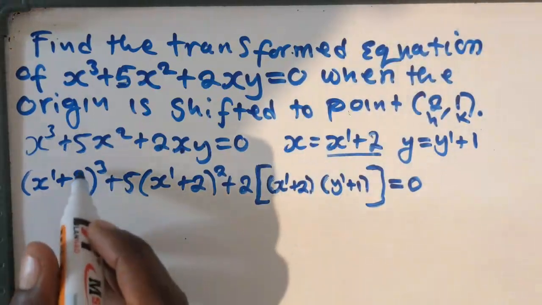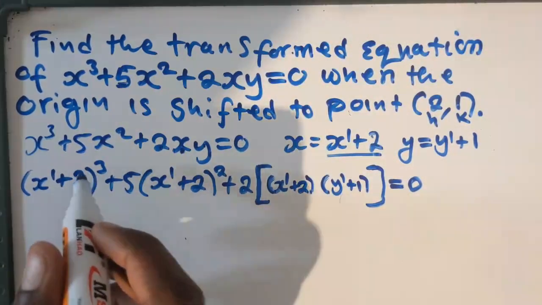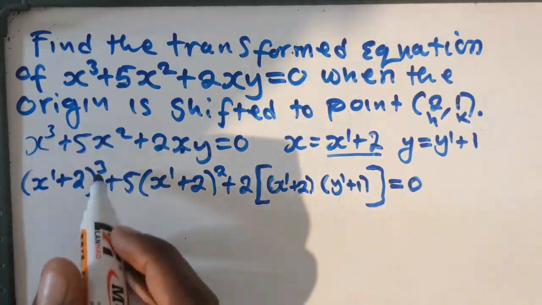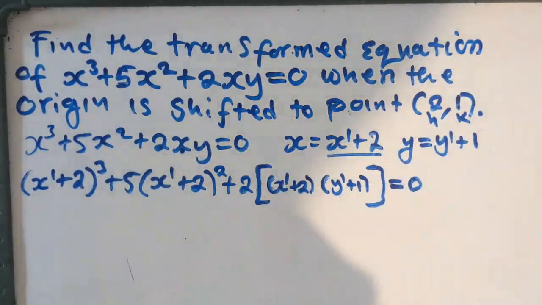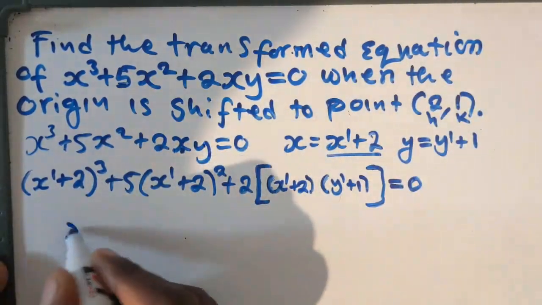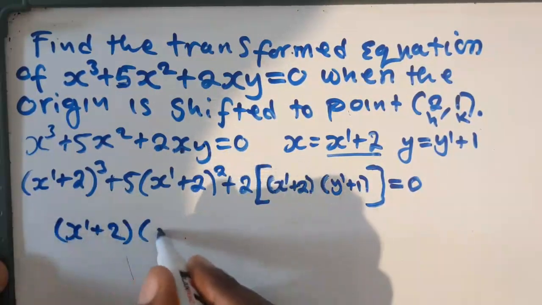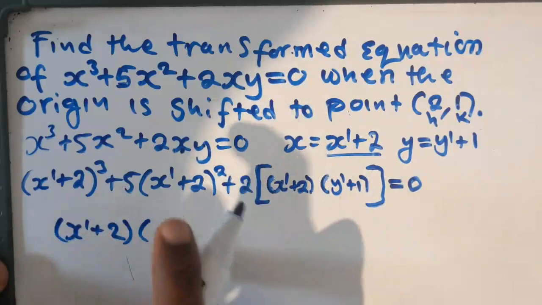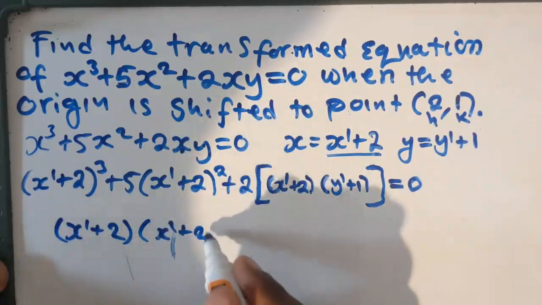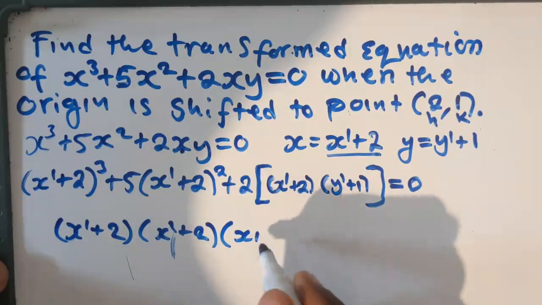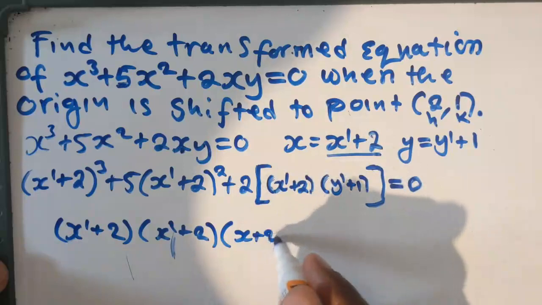So coming to this one, this is x to the power 3. I know what you are thinking: x prime plus 2 multiplied by x prime plus 2 multiplied by x prime plus 2, like that.